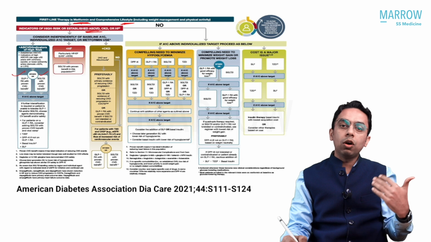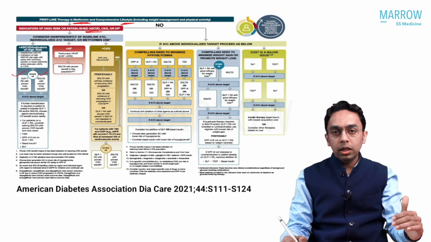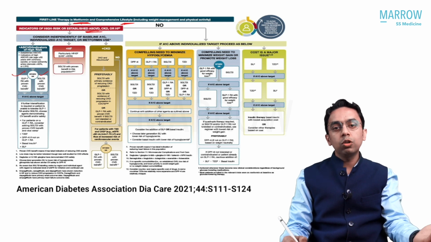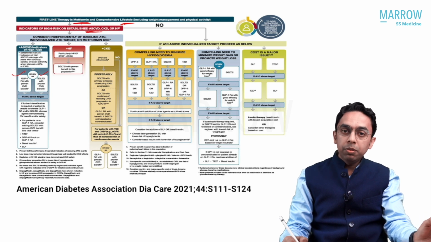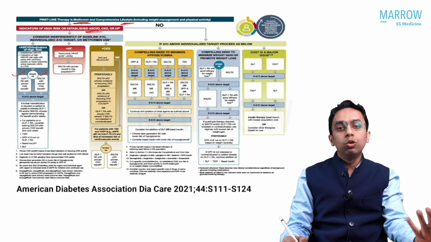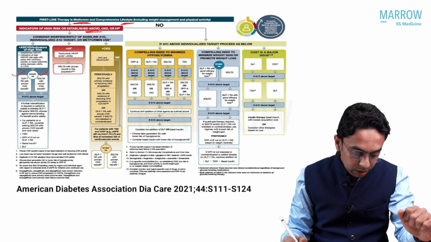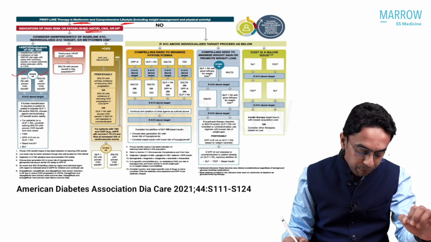That means if you have already given an SGLT2 inhibitor and sugars are uncontrolled, then you will add on a GLP-1 analog. If you have given a GLP-1 analog and sugars are not controlled, you will add an SGLT2 inhibitor. But the problem with GLP-1 analogs, till now, most of them were injectable. But now we have oral GLP-1 analogs also. So GLP-1 and SGLT2 are the preferred.